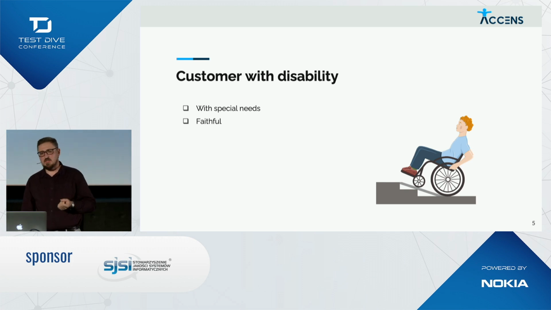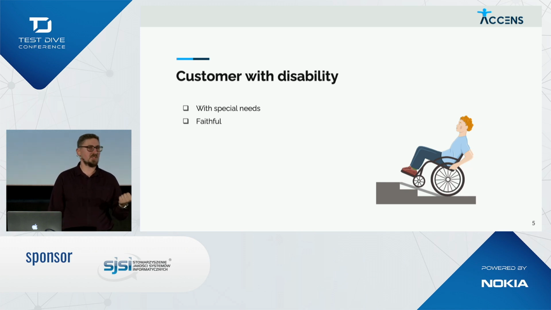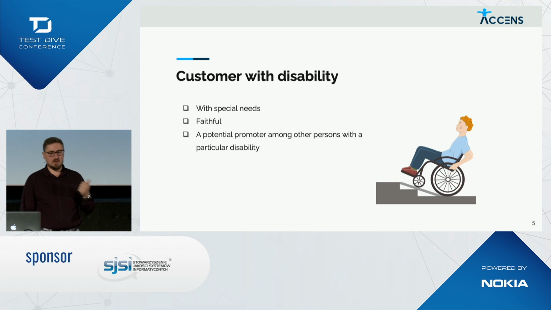So in such cases, customers with disability are faithful. That's the first business case for your business to make accessible software. Another one is that he can bring more faithful customers.